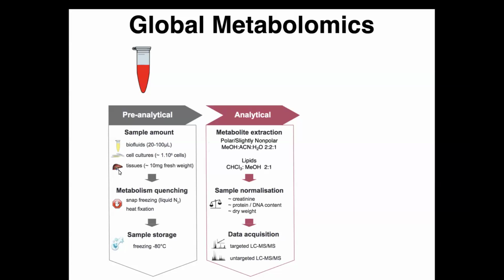Normalization of the sample is done by the sample weight for tissue or the sample protein content for cells before LC-MS analysis. We have our standardized instruction protocol that is posted on the METLIN website.